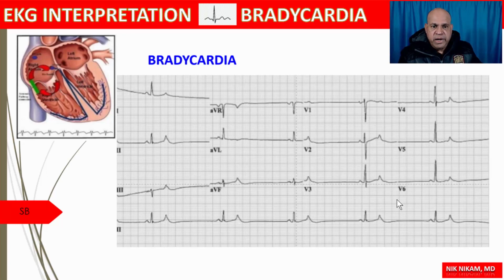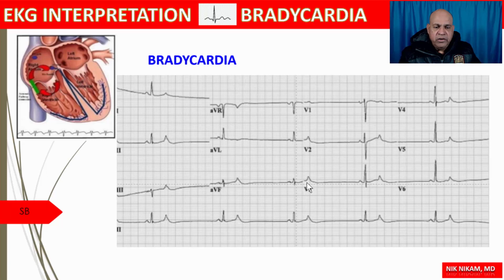What are the differential diagnoses? Whenever we see slow rates and notches in the T waves, we think about atrial premature beats. The second thing we want to think about is 2-to-1 AV conduction, that is second degree heart block type 2.